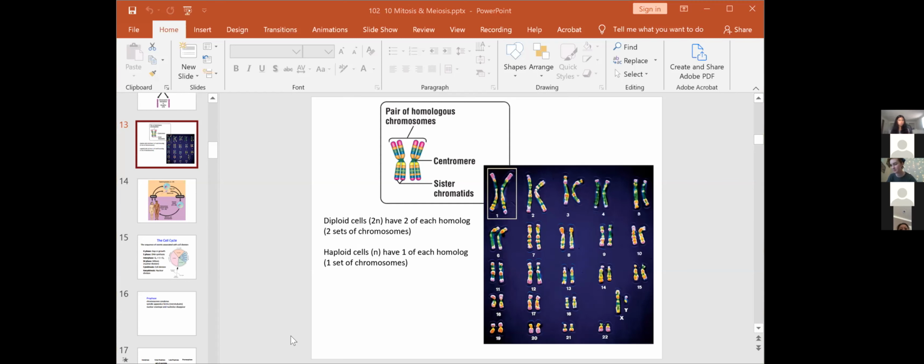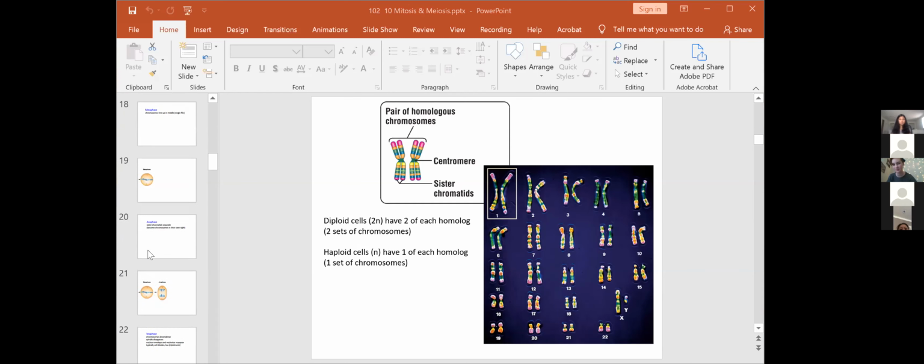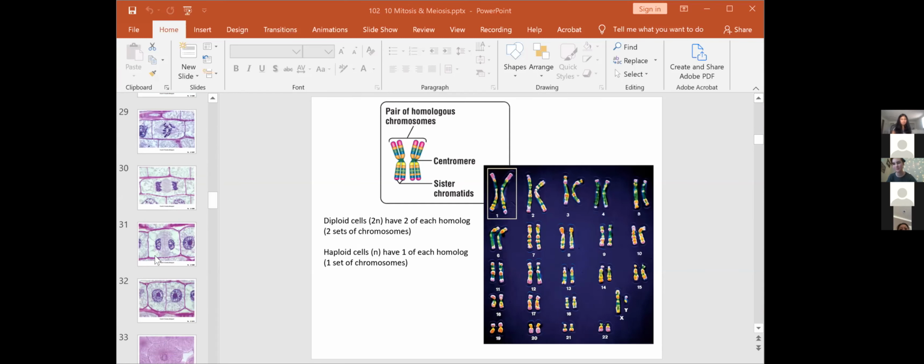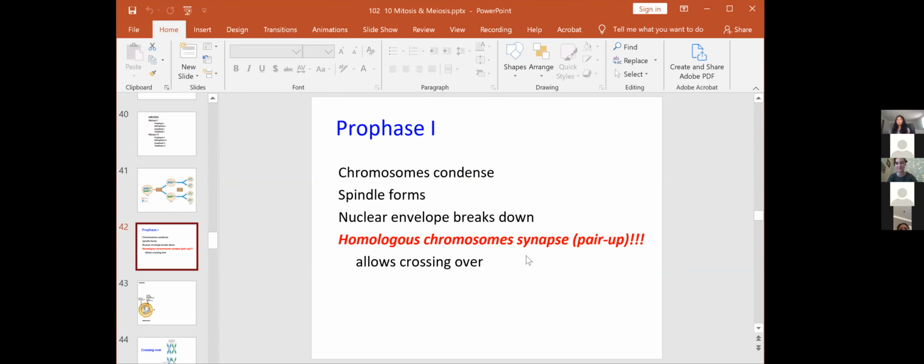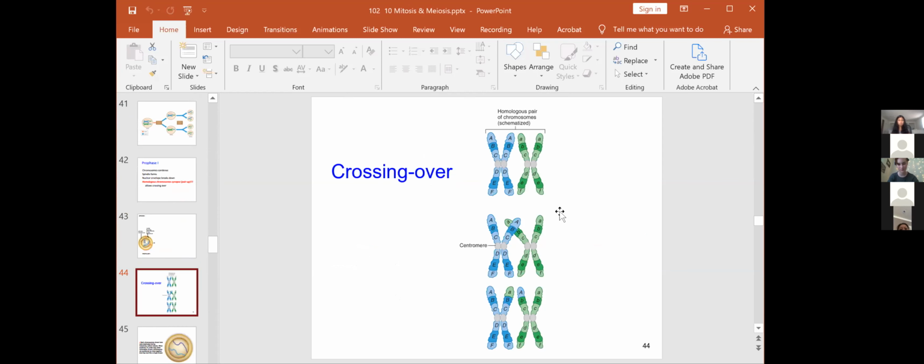So if we look at what's happening in meiosis, the most important event that is occurring is that those homologous chromosomes synapse. These are the ones where one came from mom, one came from dad. Now, because of that, they can actually cross over. If they're not sitting right next to each other, if they're not paired up, or synapsed, which is the fancy biological term, then they don't cross over.